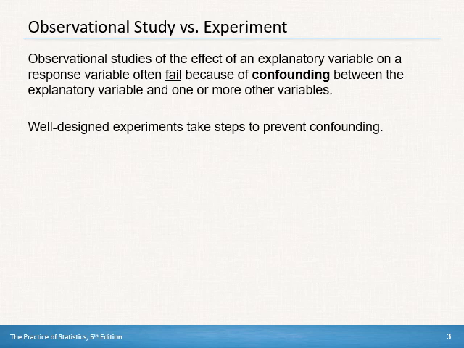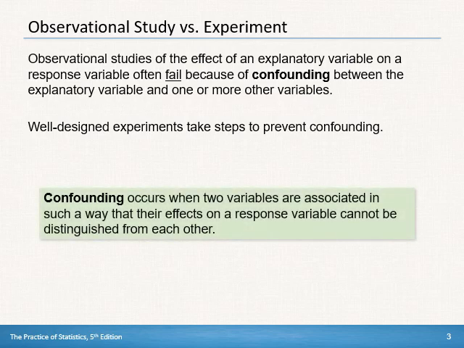So we have to have a well-designed experiment, and then this will eliminate the other confounding variables. A confounding variable is just two things that you can't tell which one is causing the increase. What you were thinking might be causing it is not the case. Something else could be causing it.